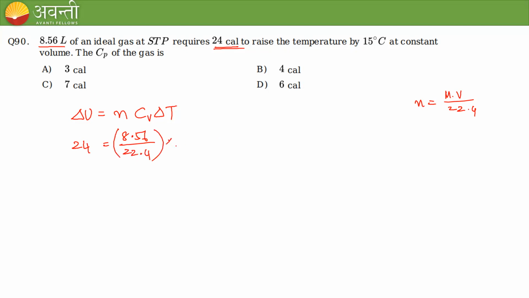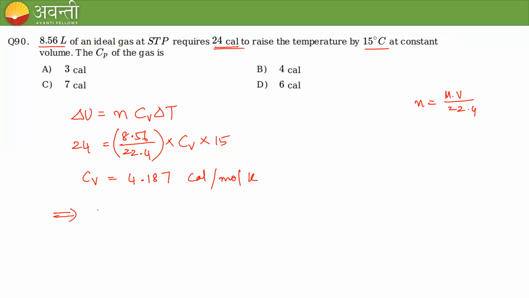The Cv value we do not know, and the change in temperature is 15 degrees Celsius. From this we get Cv as 4.187 calorie per mole per Kelvin.